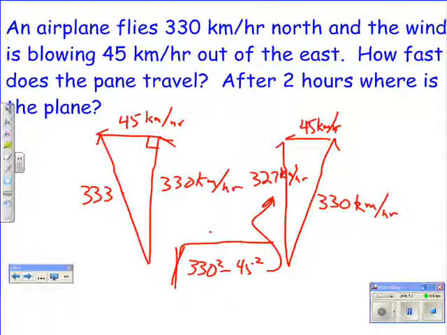All right. So what direction should you be flying? When I ask for direction, what am I looking for? The angle. This angle in here. How could I find that angle? I could use sine, cosine, tangent, whatever I wanted to.